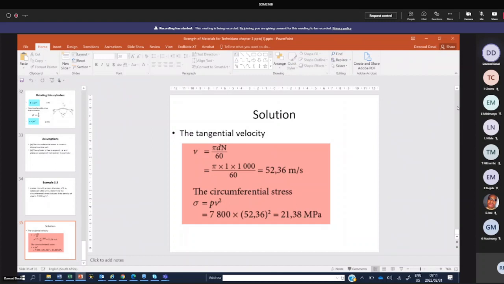You just add the rho v square circumferential stress part to it. That's all. I normally teach the students that way. It's the same thing.